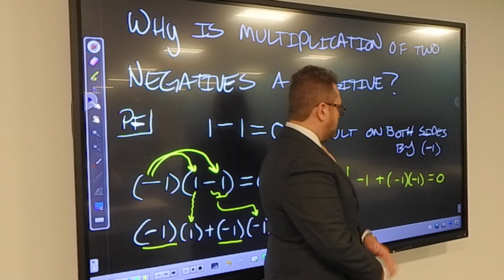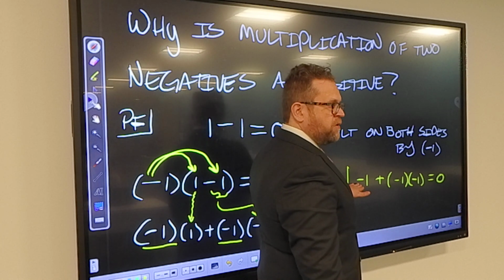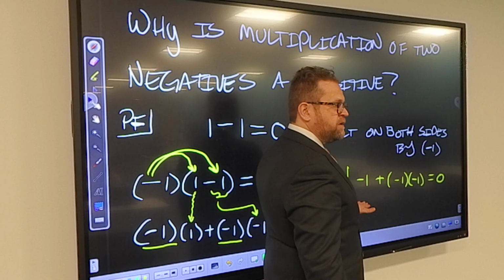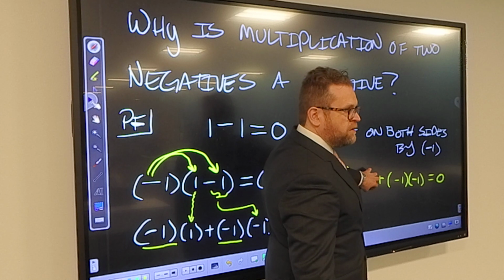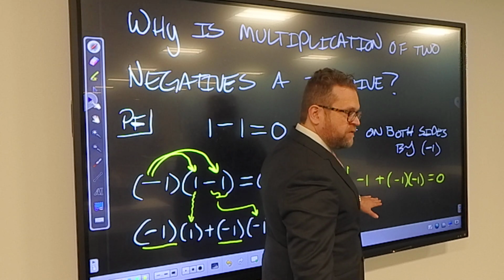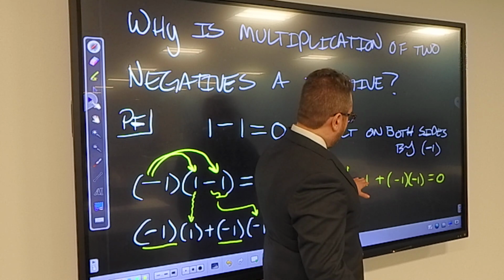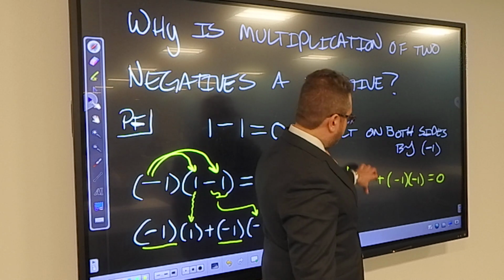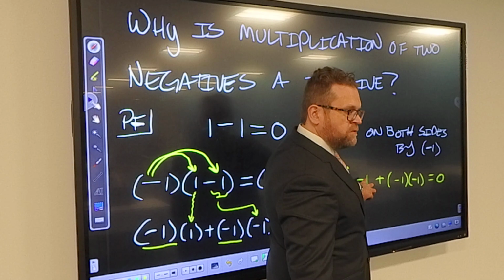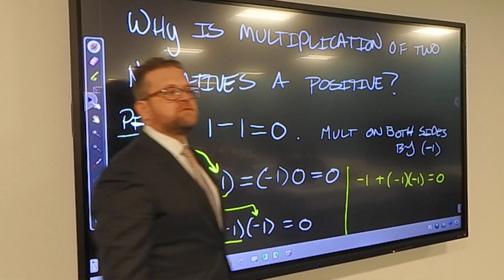Additive identity. Here's a number. I'm going to add to it its additive identity so that I'm left here with, additive inverse. Here's a number, and we add to it its inverse so that what we're left with here is 0, the additive identity.